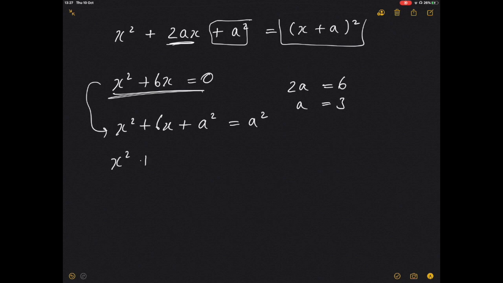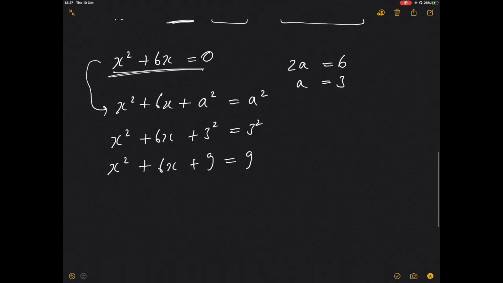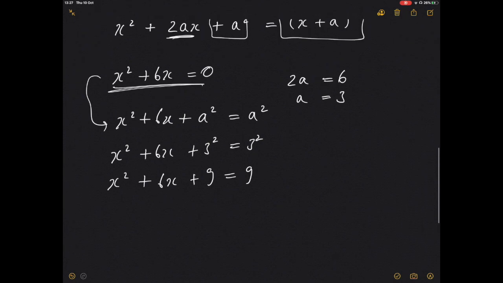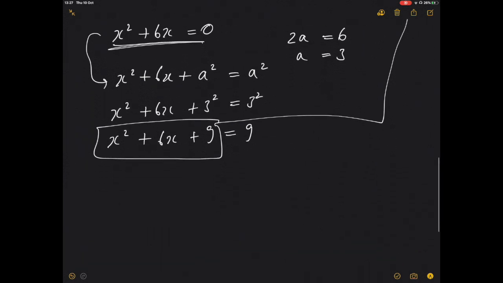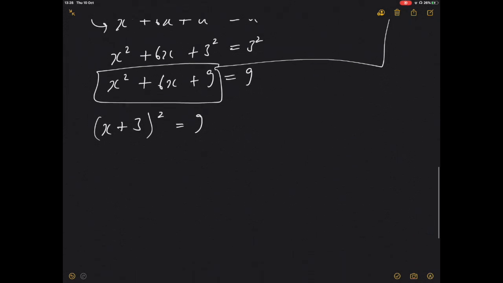So x squared plus 6x plus 3 squared equals 3 squared, which is x squared plus 6x plus 9 equals 9. So we've shown that this can now be described in this form. So x plus 3 squared equals 9, and we've got now our solution to our problem.